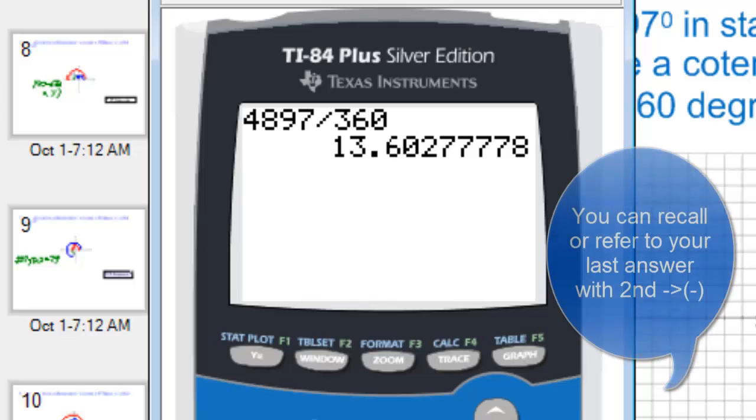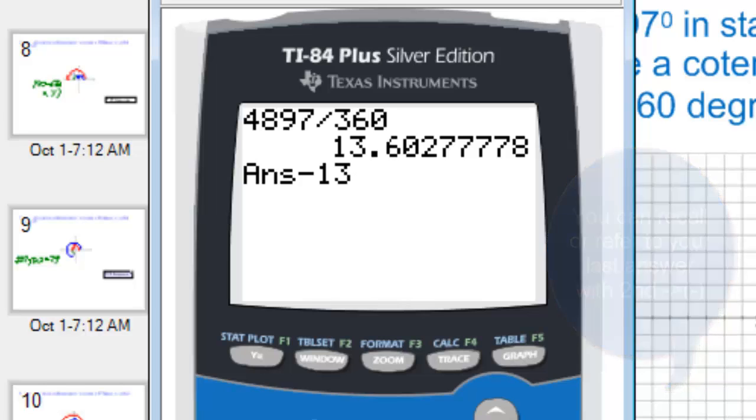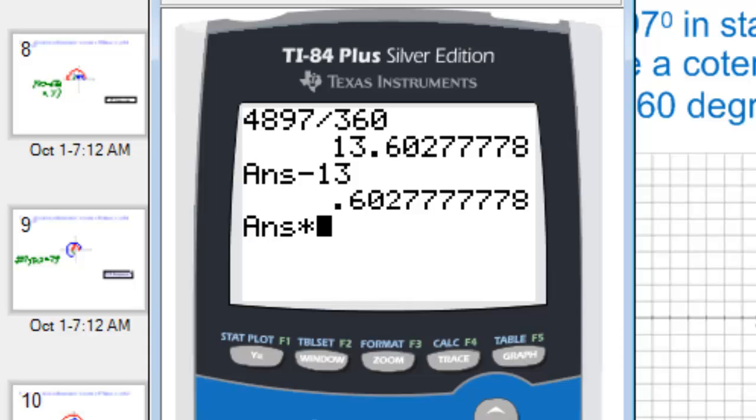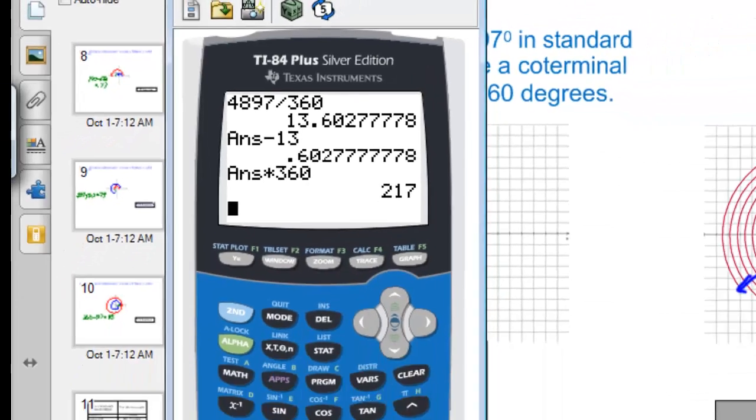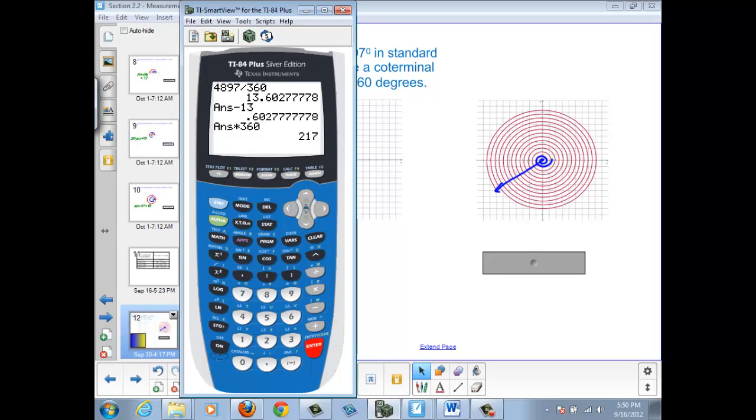So what I'm going to do is take my answer and subtract the 13 and find this fraction of a circle that I have left over. I'm going to take that fraction and multiply it by the 360 to see how many degrees that actually is. 217 degrees.